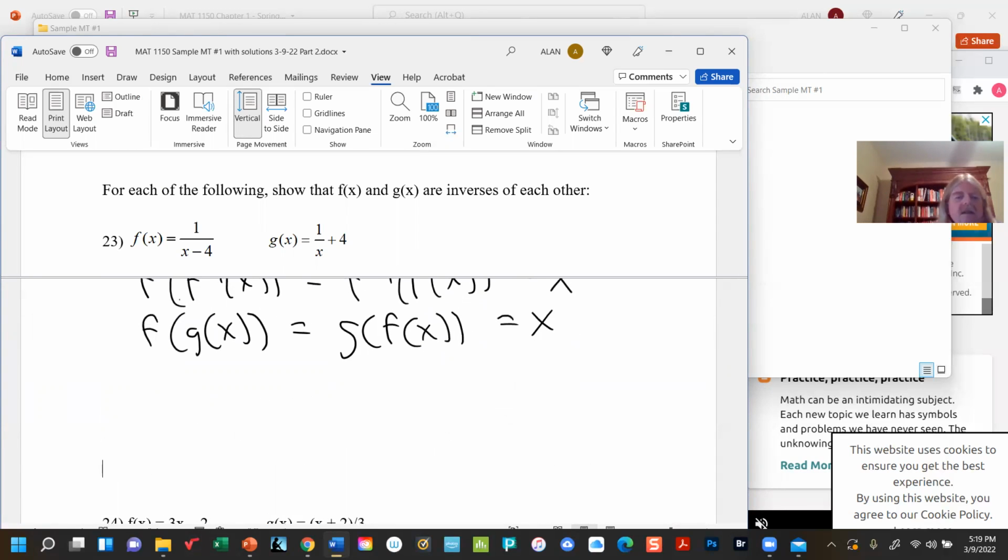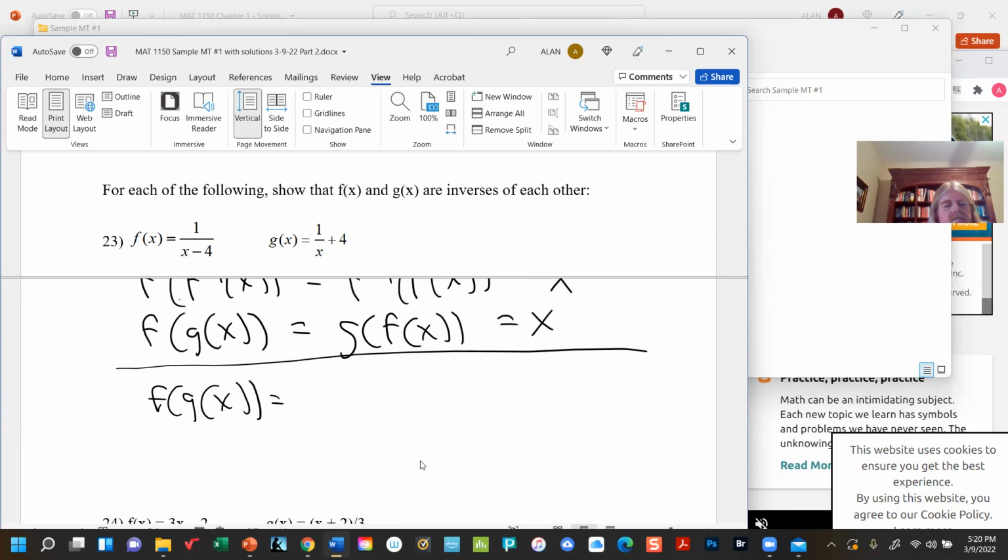And so let's start with f of g of x. So you're going to have 1 over g of x minus 4. Because the original function is 1 over x minus 4, you replace the x with the g of x.